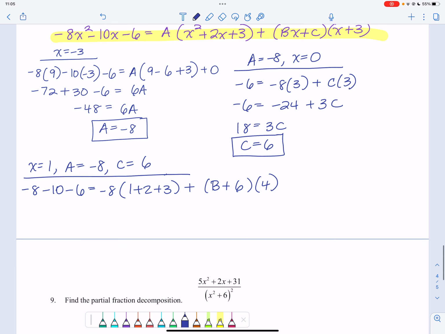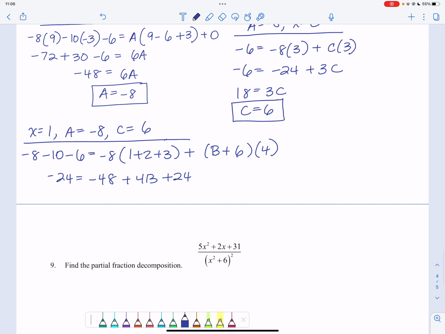So this is negative 24 on the left, and then on the right we have negative 48 plus b plus 6 times 4, which is 4b plus 24. We end up with a negative 24 on this side and a negative 24 on the other, so we get 0 equals 4b. So b is actually equal to 0.